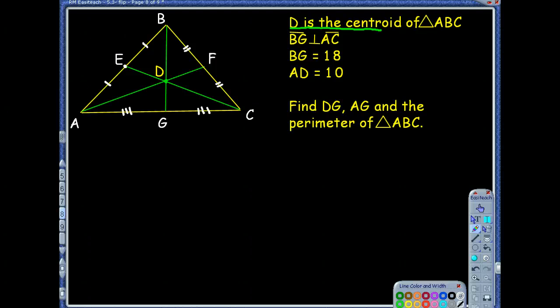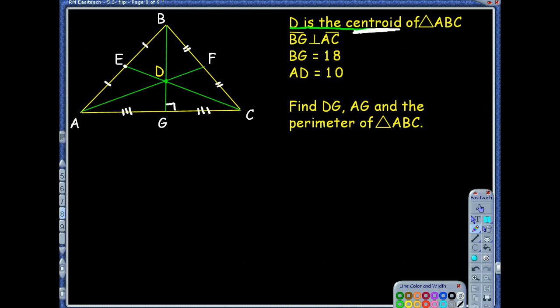So we really need to know the vocabulary word centroid. We need to know what kind of special segments those are and what that looks like in my picture. We also know that BG is perpendicular to AC.